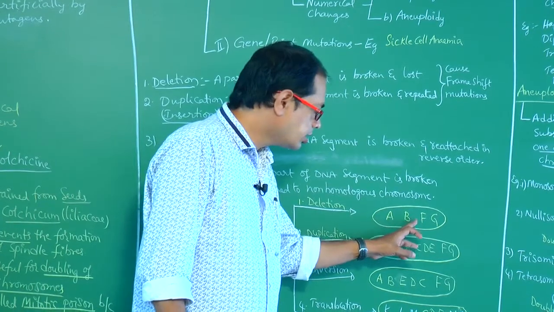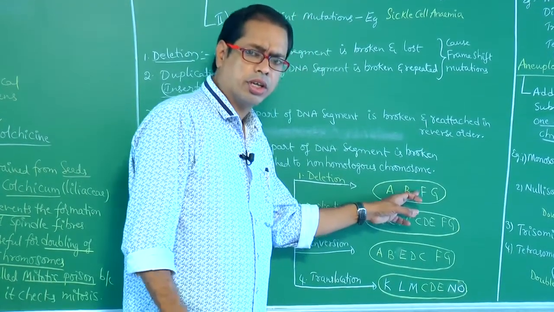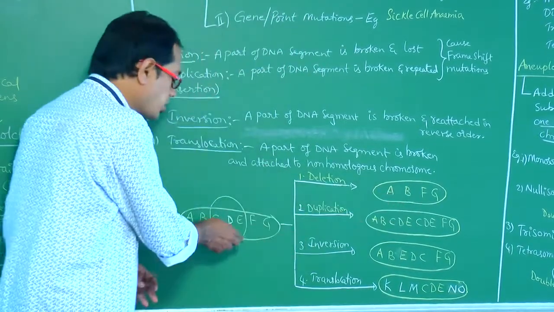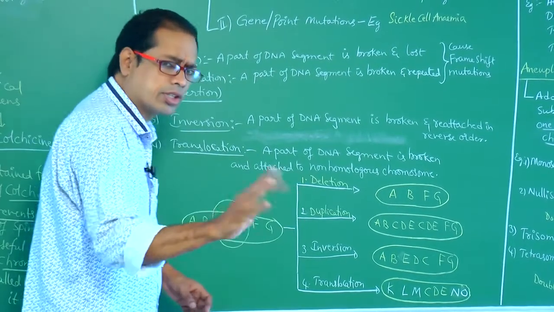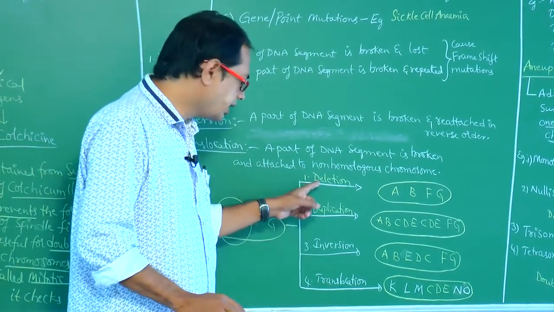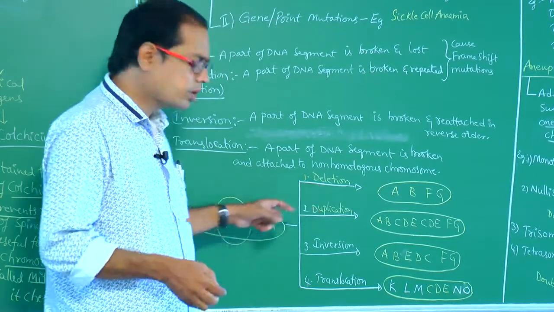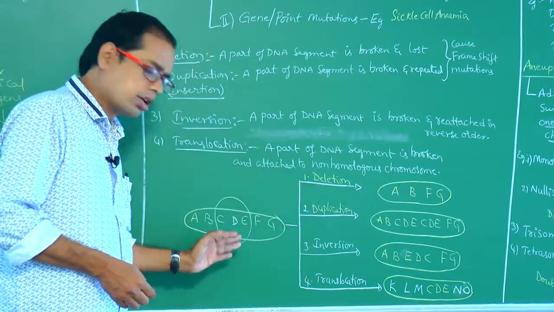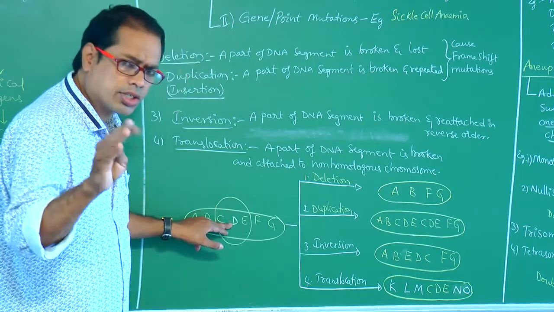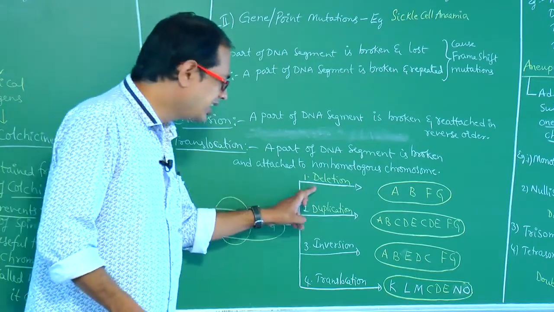A, B, F, G. That means a part of the chromosome is broken and is lost. That is so called deletion. Deletion means remove. So a part of the chromosome is broken and this part is lost. That is so called deletion.